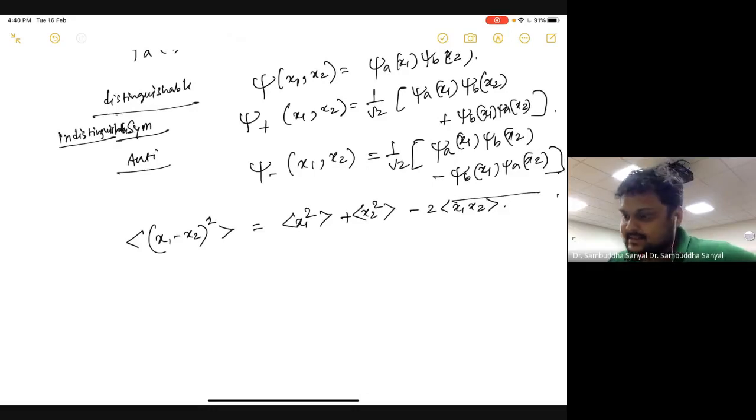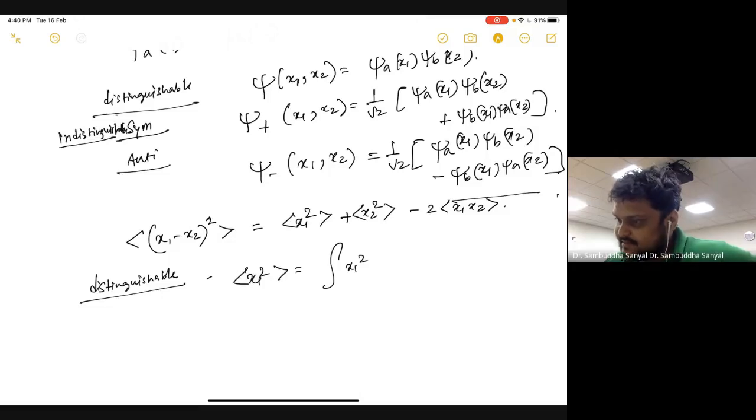If I do the calculation in the first case, which is distinguishable, for x1 square the calculation is very simple.